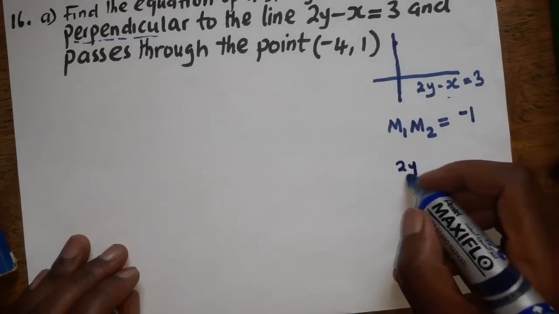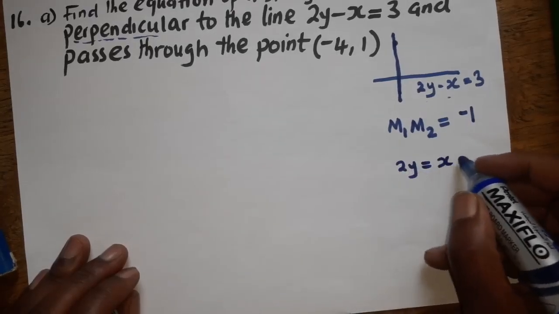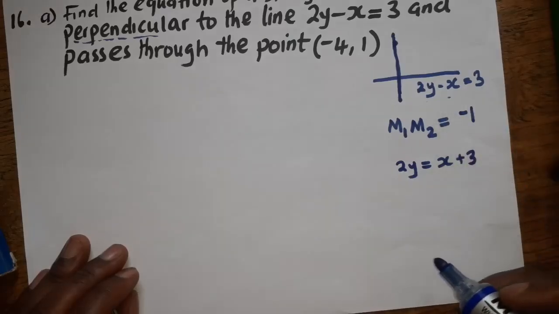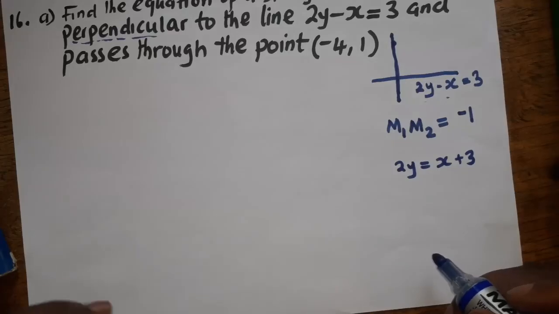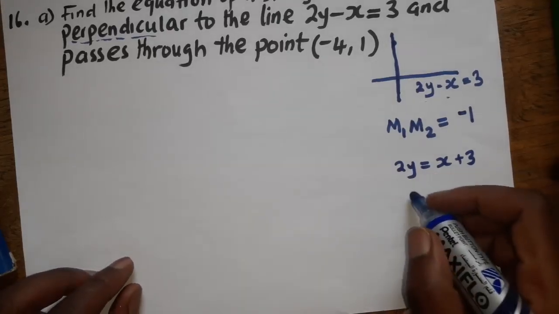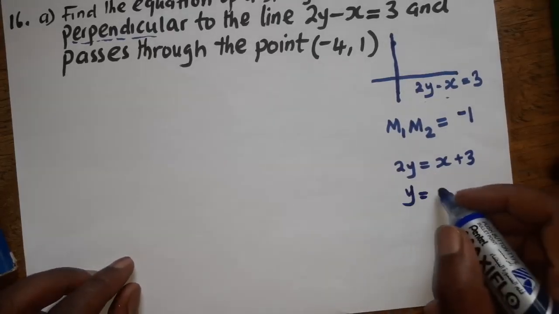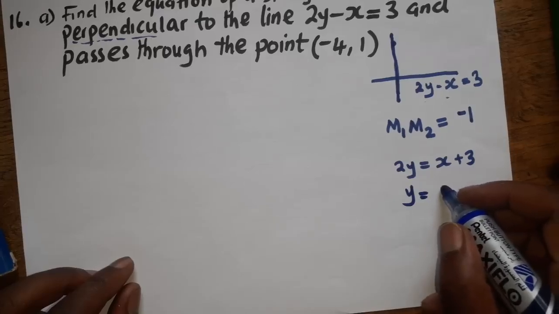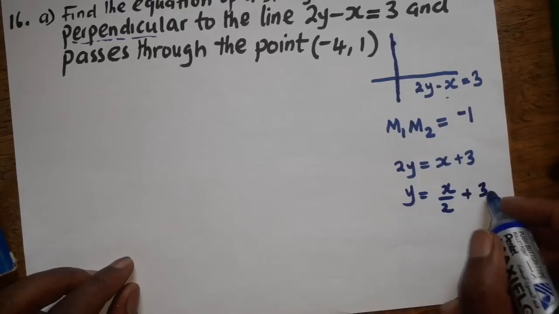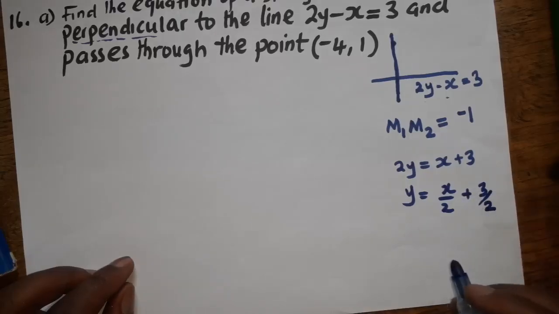So we have 2y equals x plus 3. Now remember, we need to make y the subject, so we'll divide throughout by 2. So we have y equals x divided by 2 plus 3 divided by 2.